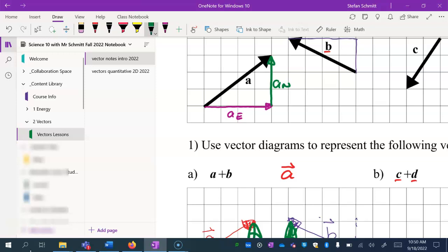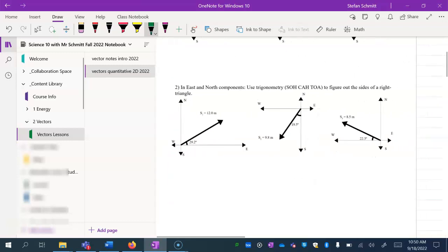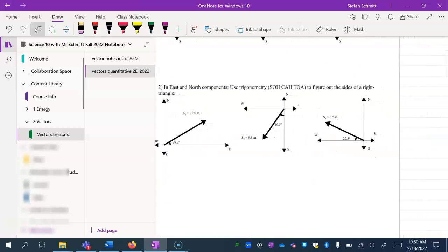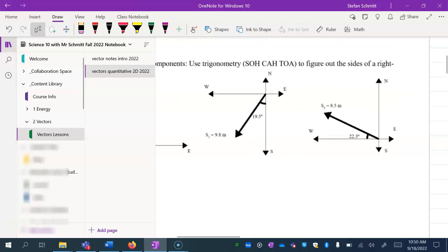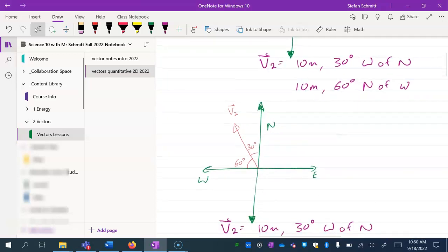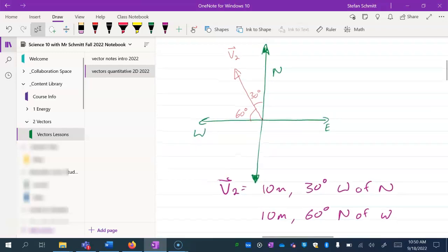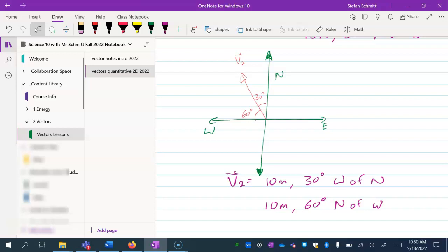This is what we mean by components. So that's what we're going to do with these vectors. We're going to find the east and north components. As an example, let's take a look at this vector that we have just seen previously. We specified this vector in terms of polar coordinates, 10 meters, 30 degrees west of north.